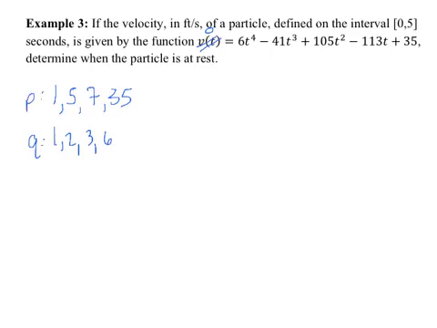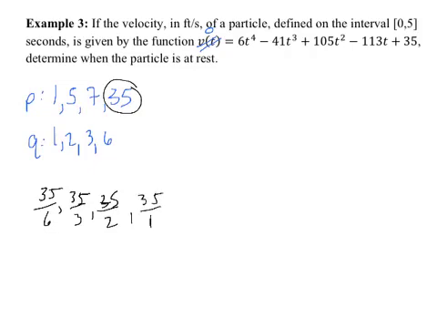Now we take all the possible p values over all the possible q values, which is pretty easy actually. So start with this one. We've got 35. Again, all these are plus or minus always. 35 over 6, 35 over 3, 35 over 2, and 35 over 1.